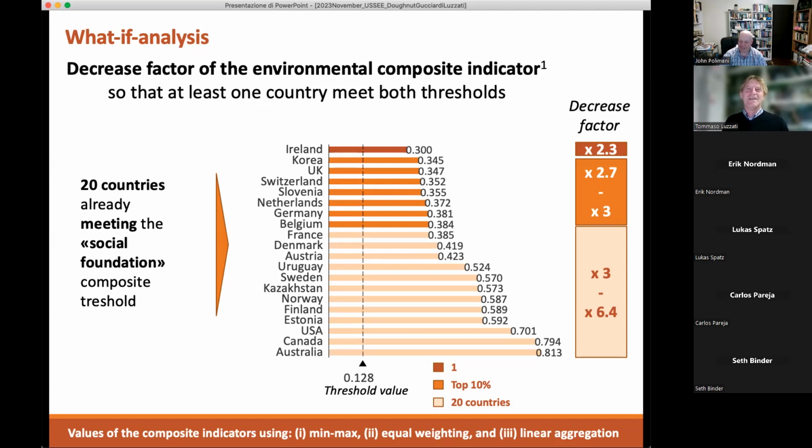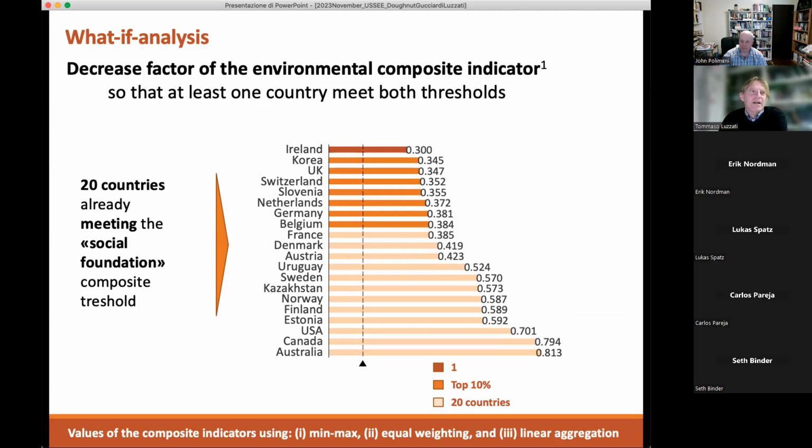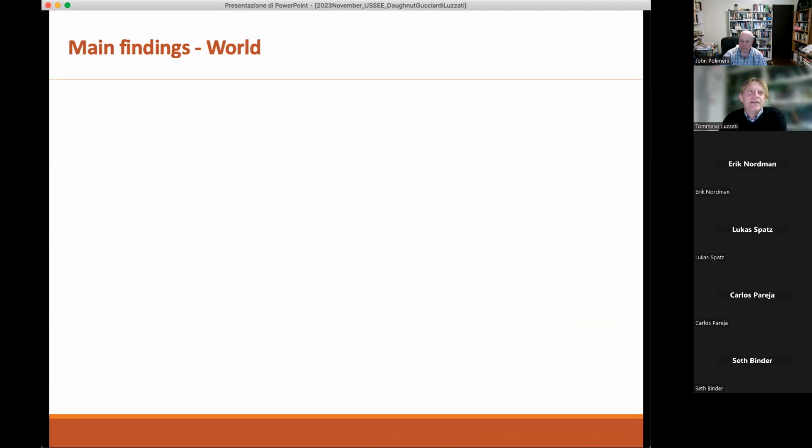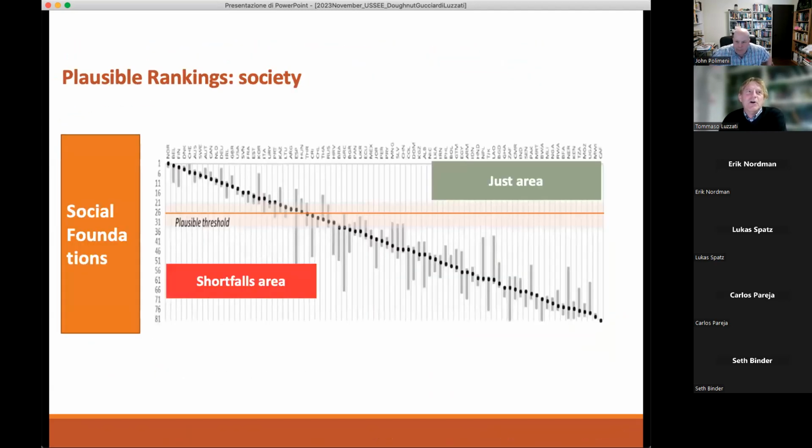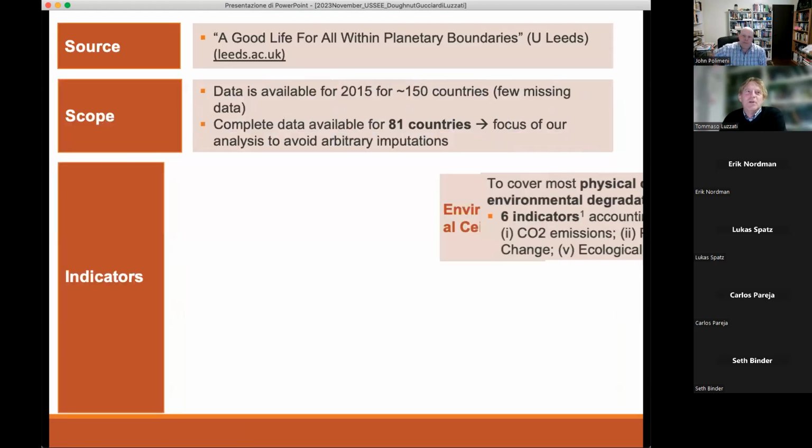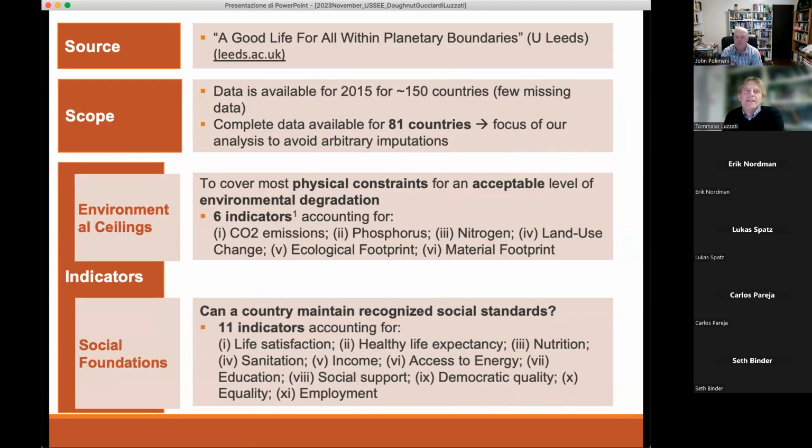And of course, now the next steps are adding indicators to the several dimensions, because so far the approach has been developed only considering one indicator for each theme, for each dimension.